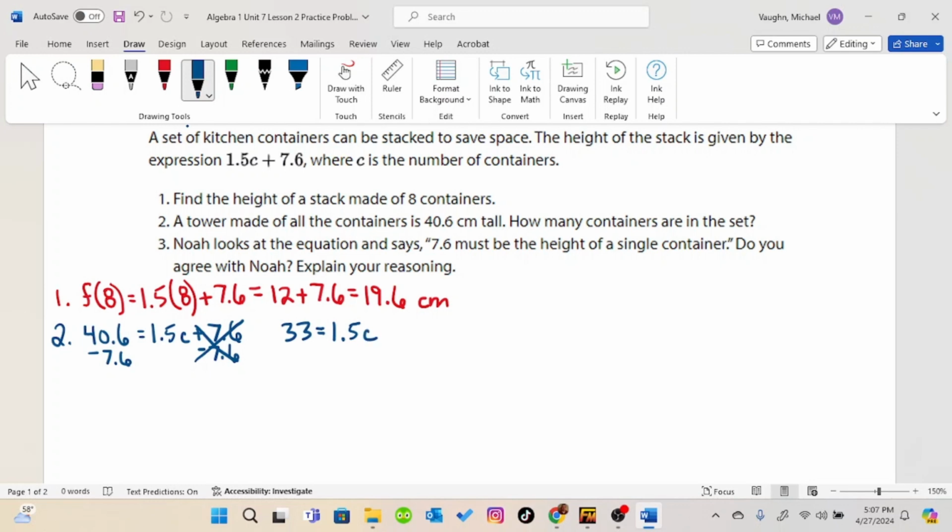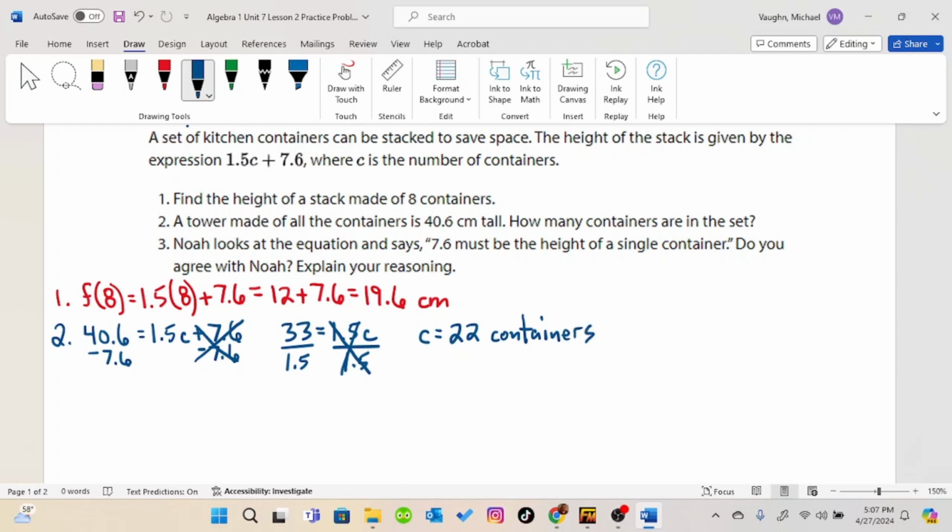To get rid of the 1.5, I'm going to divide both sides by 1.5. This eliminates it on the right side, and we get c equals 22. So there are 22 containers.